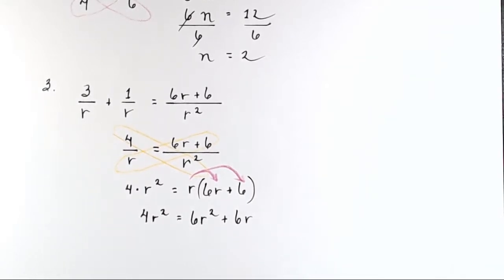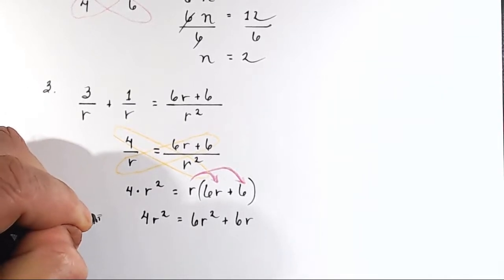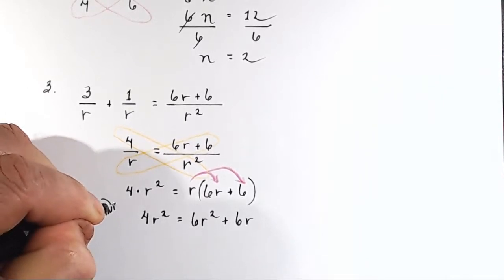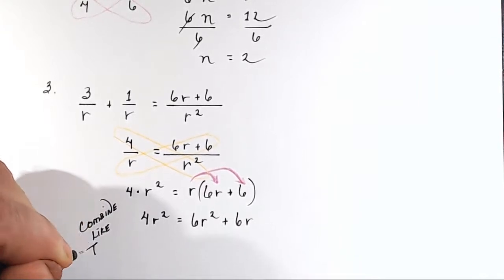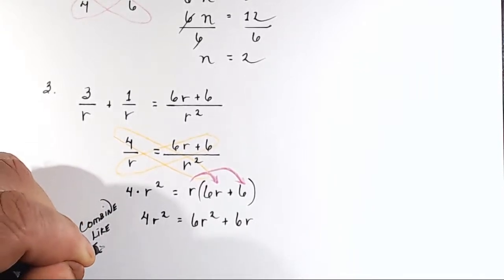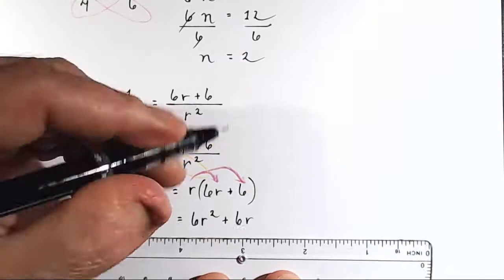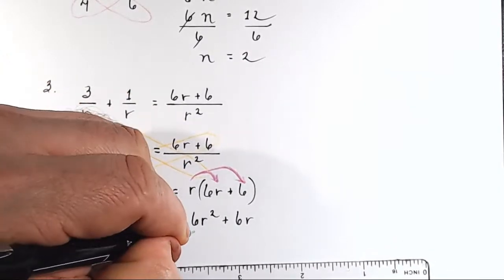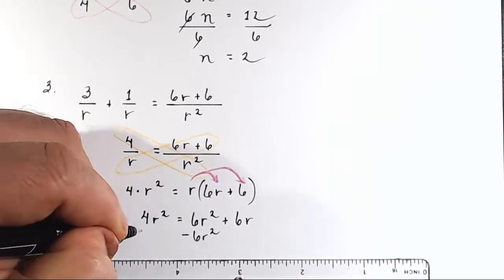Now what? Now we combine like terms. We only have one pair of like terms, and that's the r squared. So we subtract 6r squared from both sides. It's just one possible solution.